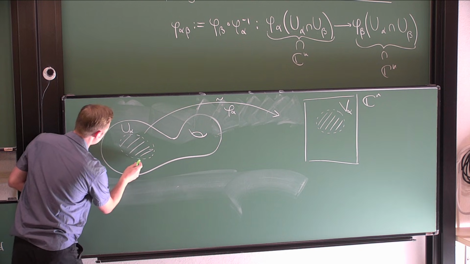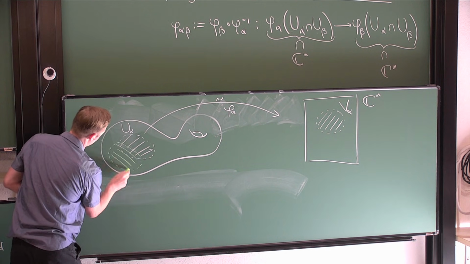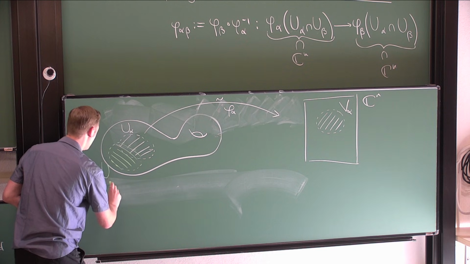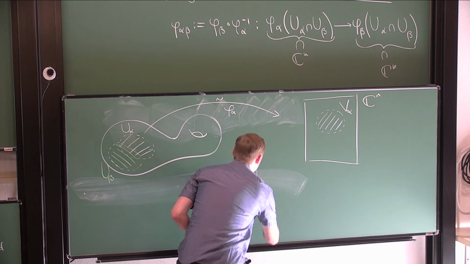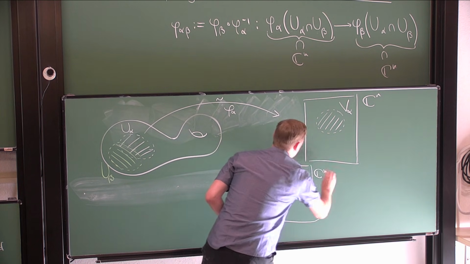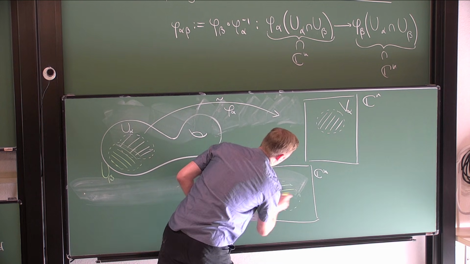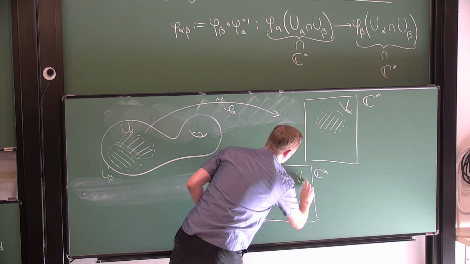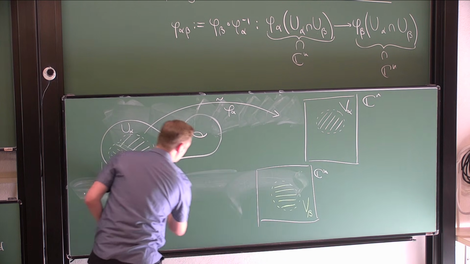And then at the same time, I have another open set, which I've called U beta. And that thing also maps to C to the n. So here's another copy of C to the n. This is the image under phi beta.